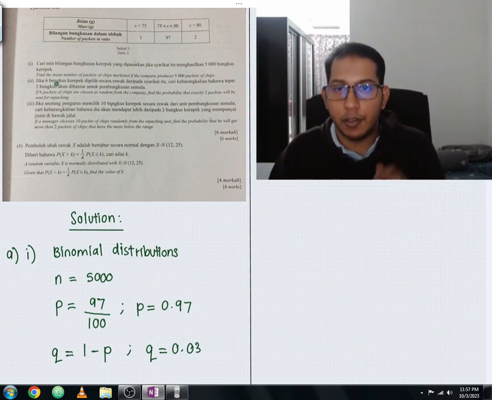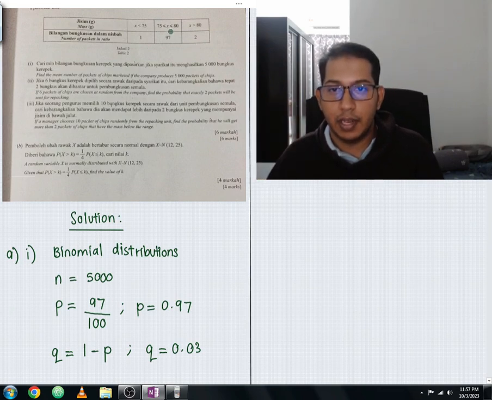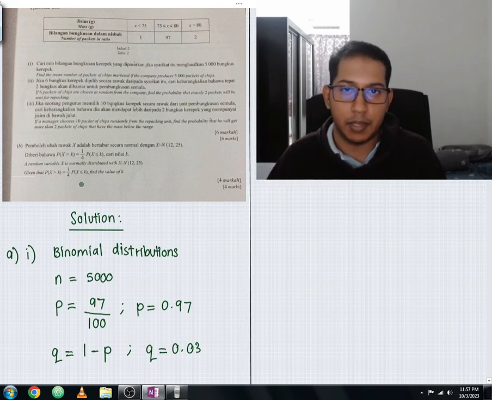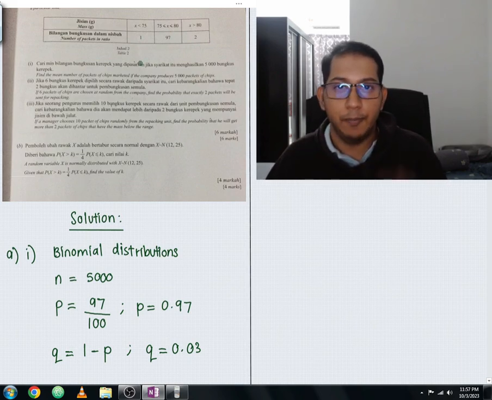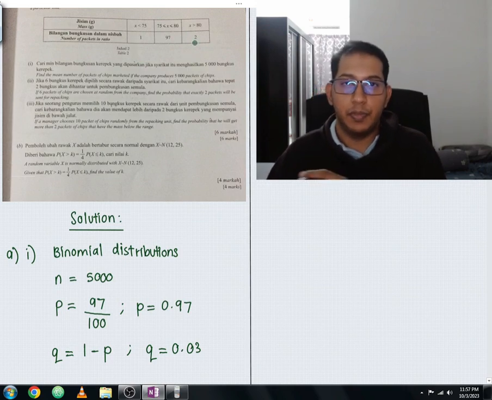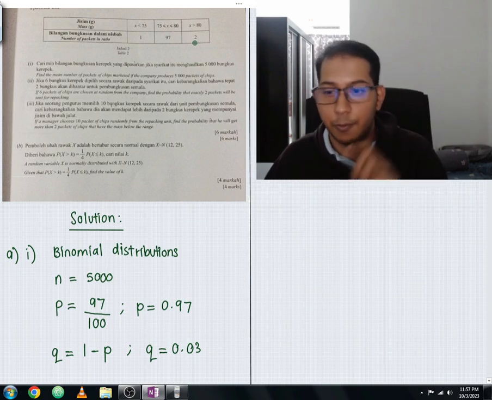Out of range in this case is 3/100: X less than 75 is out of range, X more than 80 is out of range, and 75 less than or equal to X less than or equal to 80 is within range, which we don't want for question A part 2. So 2 plus 1 is 3, divided by 1 plus 97 plus 2, which is 100, so 3 divided by 100. So your probability of success for question A part 2 is 0.03.